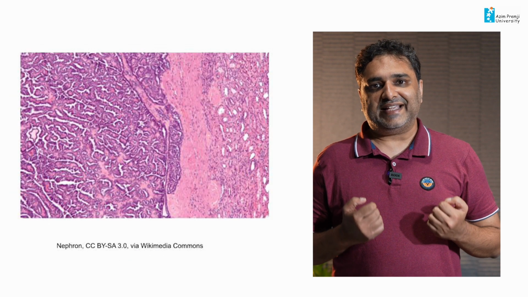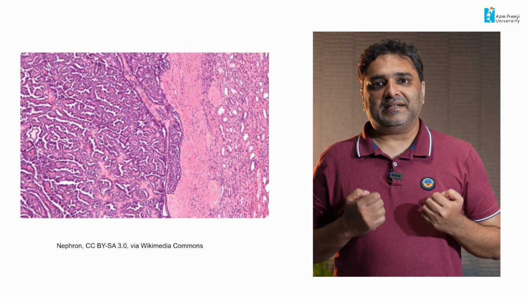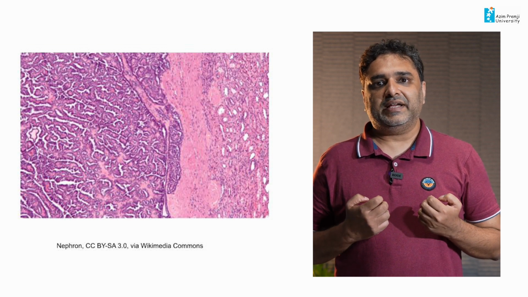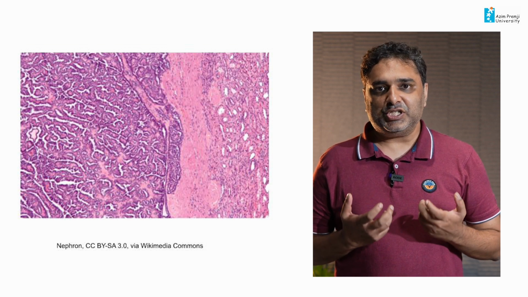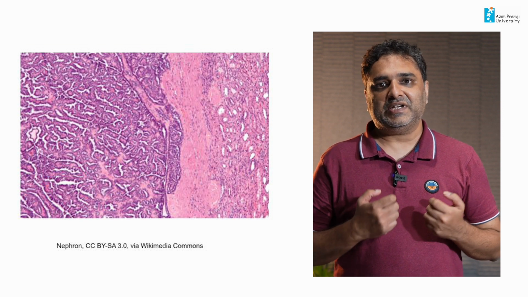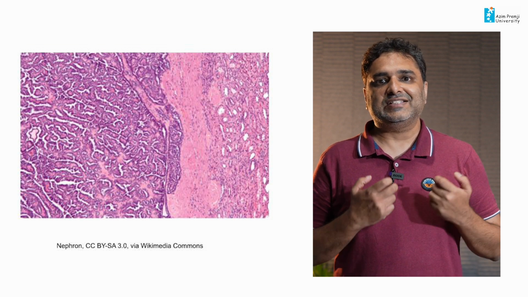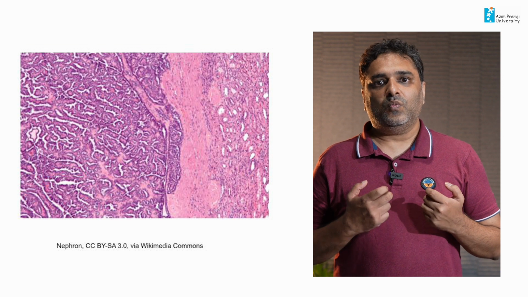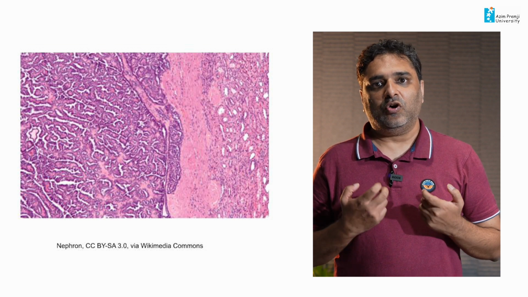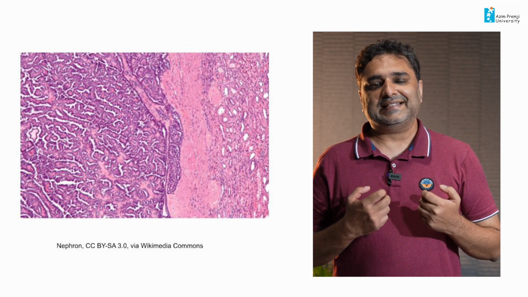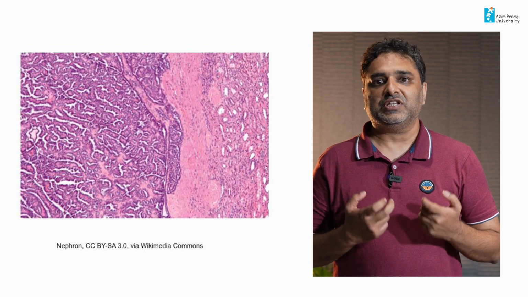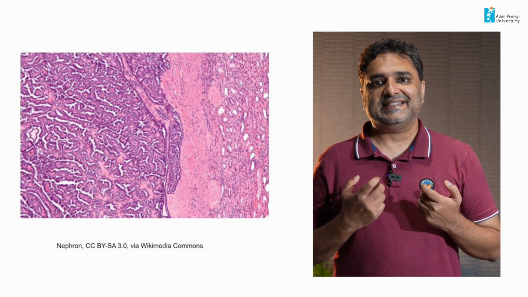You have the section of the same organ, but the organ is now in a disease state. So the arrangement of cells in this particular section of the same organ is altered. Therefore, one can understand pathology of a particular organ as a condition in which the arrangement or the pattern of cells is disrupted.